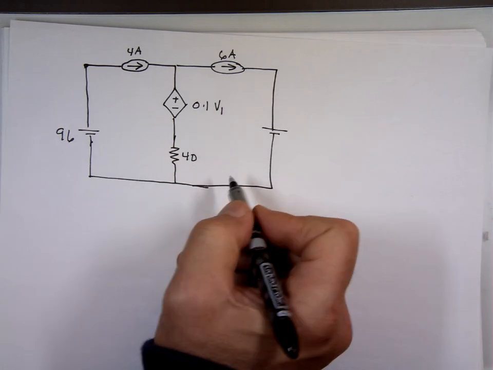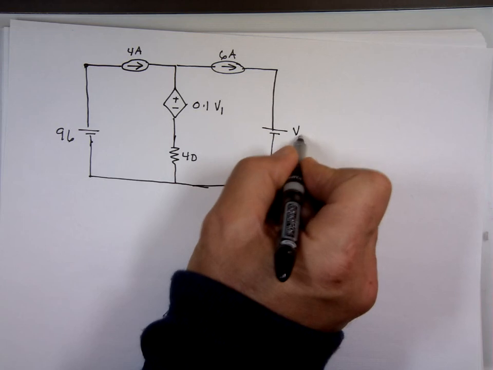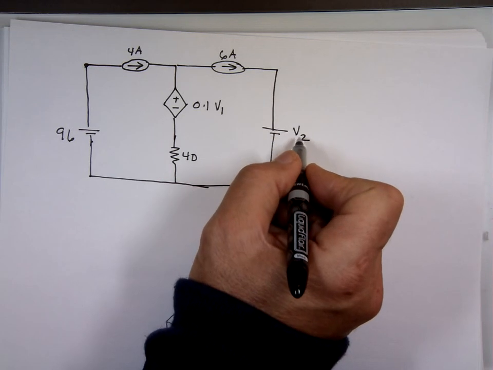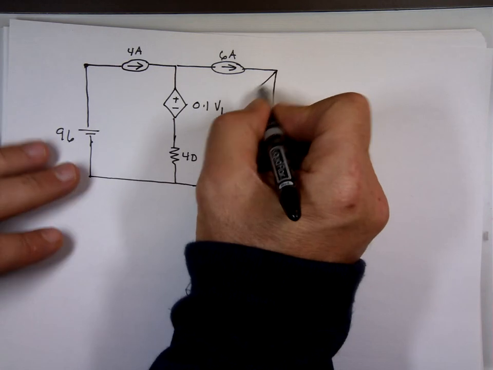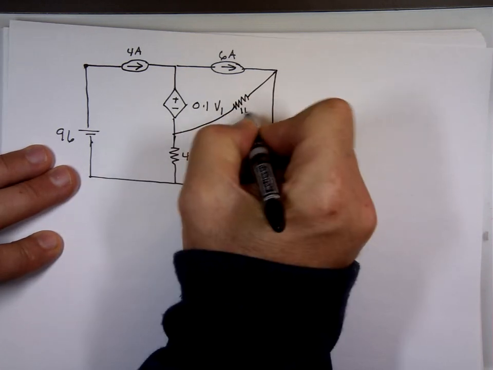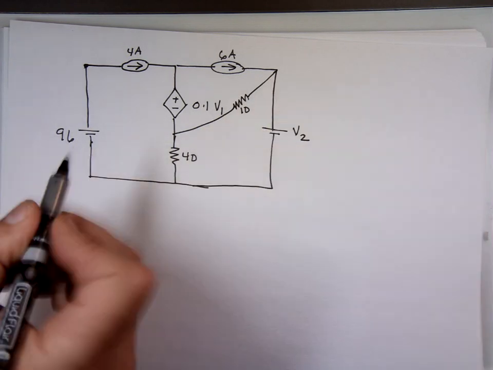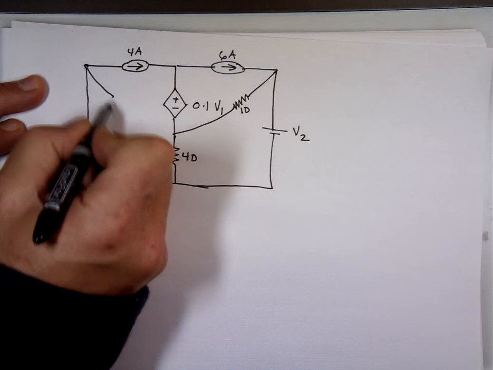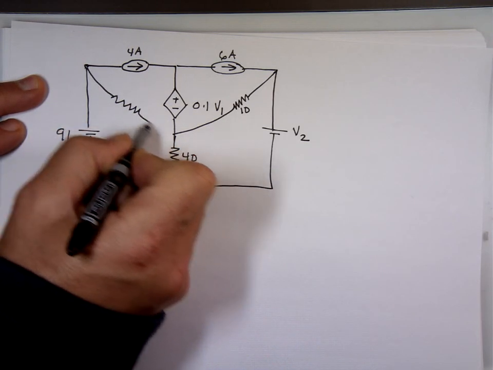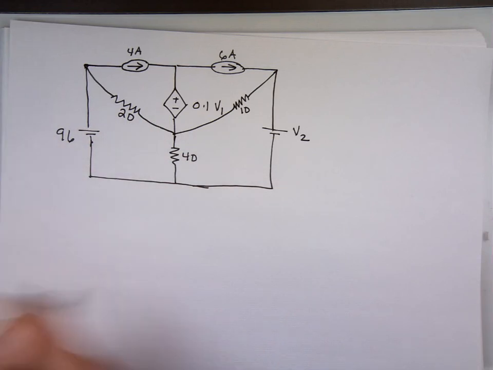V2. Now we have some more stuff here. 10 ohms right there, and I got 20 ohms right here. And V1 is this voltage, plus to minus.